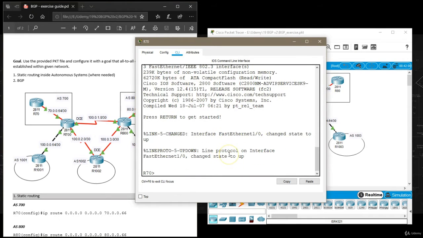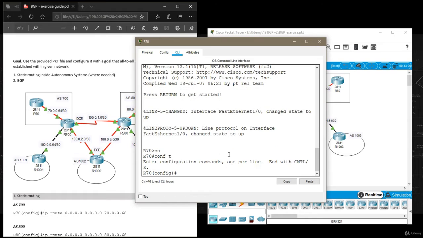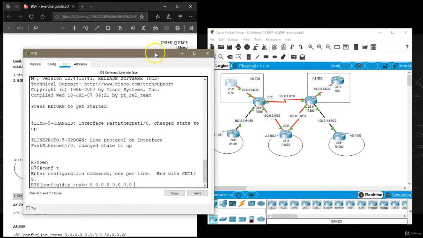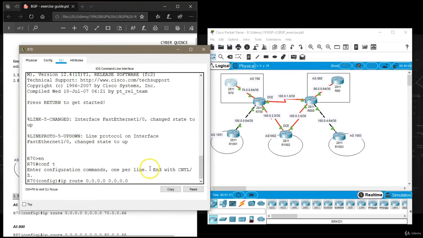Let's do that right away. Enable, configure terminal, ip route, all zeros. Since it's a default route, we want to send all of the traffic this way, and we need the next hop IP address. That's 70.0.0.66, I think, but let's check.